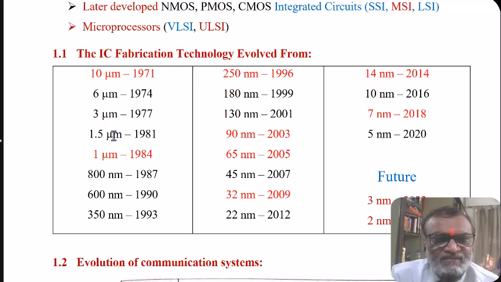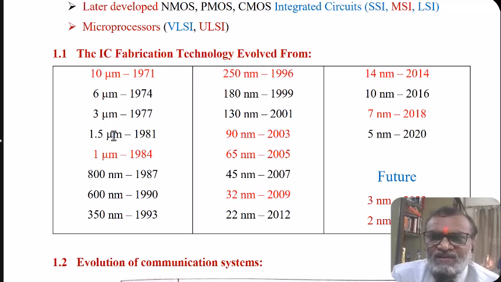Whereas in 1984, the technology evolved and we could get the capacity up to 1 micrometer in fabrication. Whereas in 1996, we were capable of fabricating 250 nanometer devices on a chip.